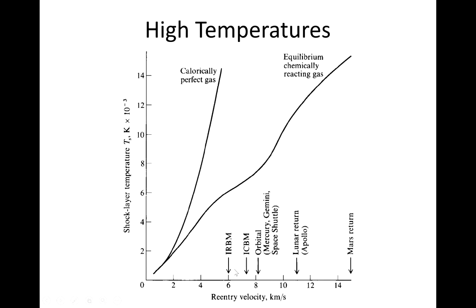Here are various vehicles: ICBM, orbital re-entry vehicles, lunar return vehicle Apollo, Mars return vehicle. Notice the extreme Mach number that the Mars return vehicle will take. So we have to be prepared for modeling these types of vehicles with computational mechanics and experiments. Experiments are very hard to do at such extreme Mach number. So we have to come up with effective ways of modeling such high hypersonic re-entry vehicles.